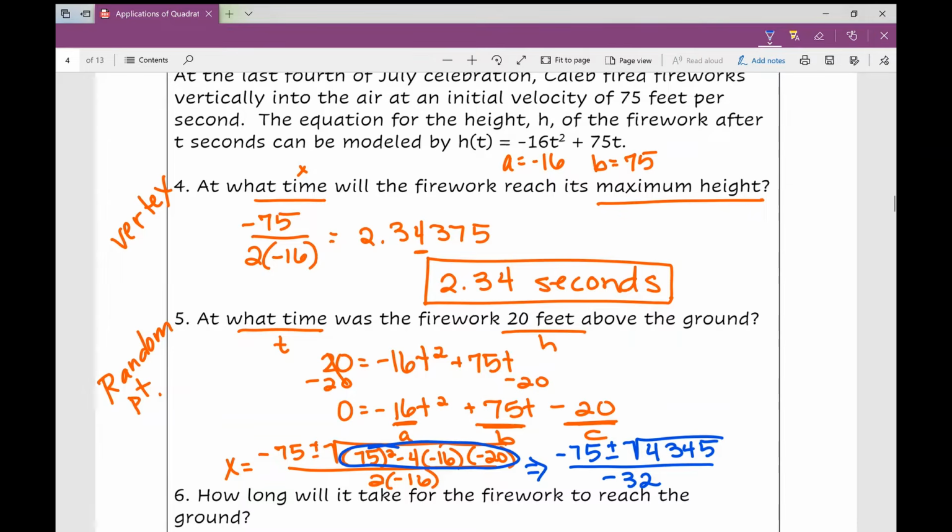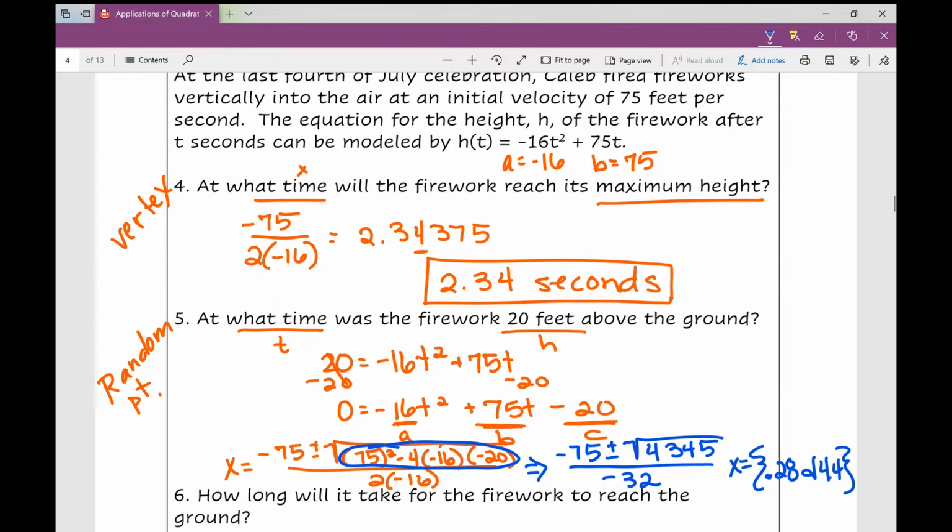And when I plug in negative 75 plus the square root of 4,345 divided by negative 32, and then negative 75 minus the square root of 4,345 divided by negative 32, my solutions are 0.28 and 4.4. Wait a second, I've got two answers.